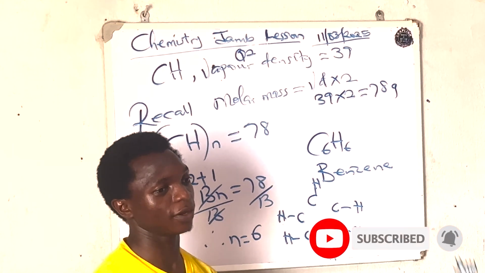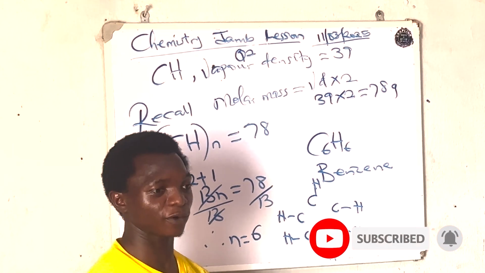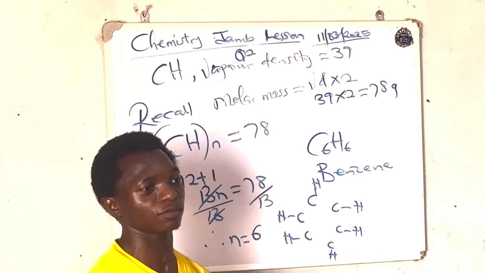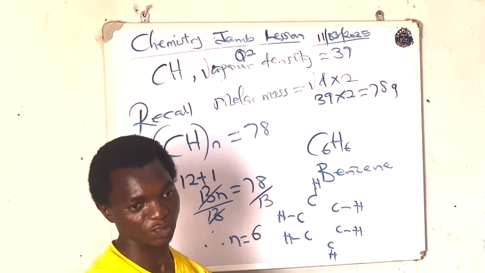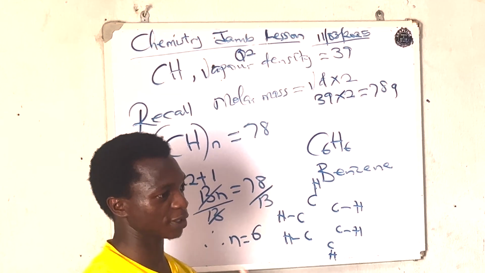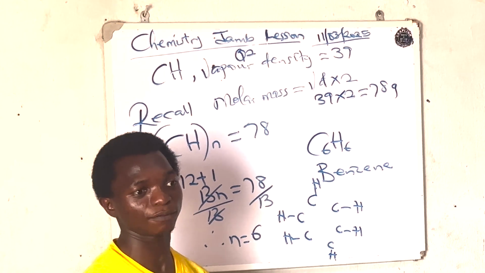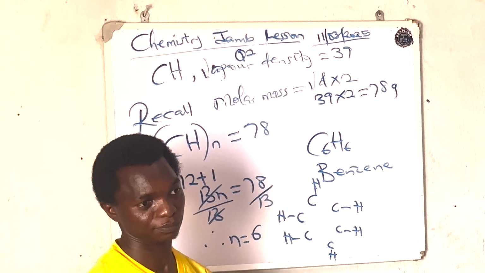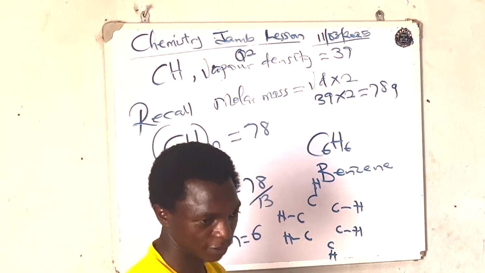Now, remember, whenever a question involves pressure, volume, and temperature, the one thing that should come to your mind is that you are simply talking about the general gas equation.